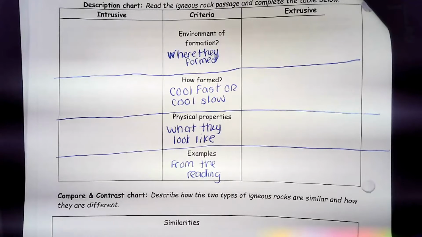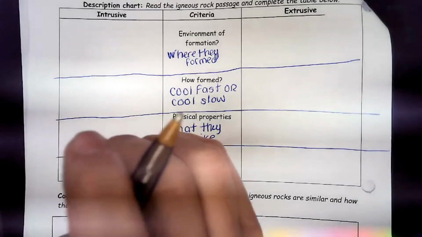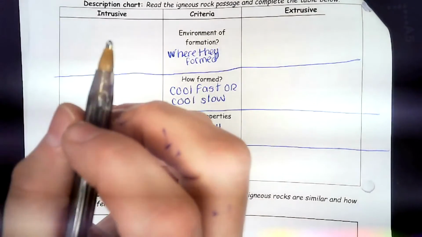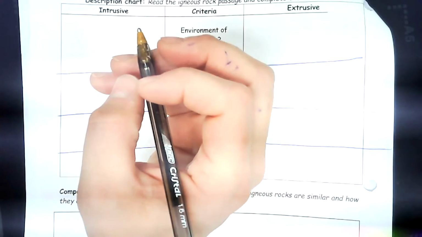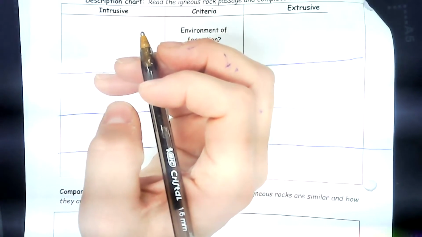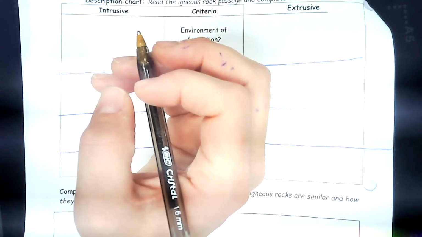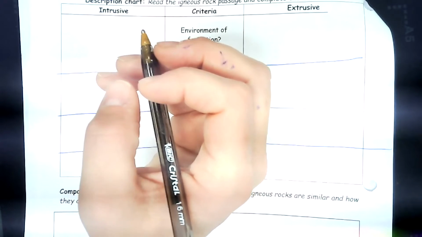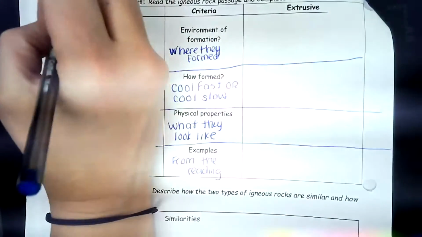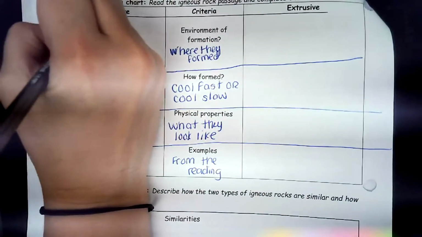Where do intrusive rocks form? Where in Earth's crust? Below Earth's crust. That seems kind of complicated, so let's simplify that. Where do intrusive igneous rocks form? Under the ground? Okay, you're all right, but let's keep it simple.